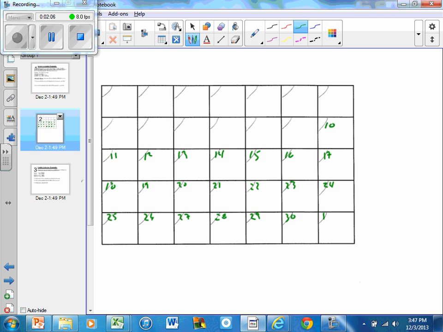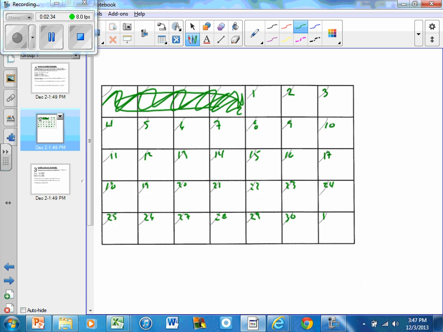When we get towards the beginning of the month, we're going to start looking for that 31st day because we know there's only 31 days in the billing cycle. So at this point, we have 28 days. Now we have 29 days, we have 30 days, and there's our 31st day. So we know on the calendar we don't have to use any of these boxes because there's our 31 days.